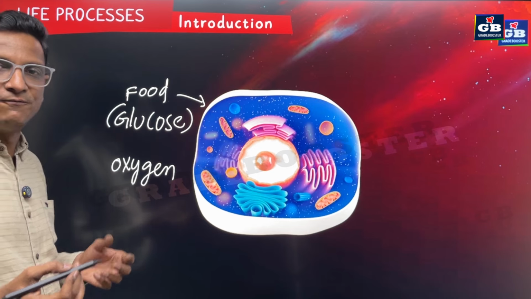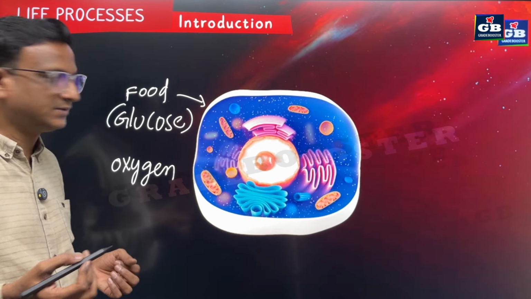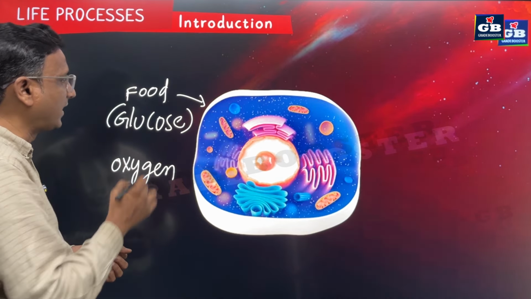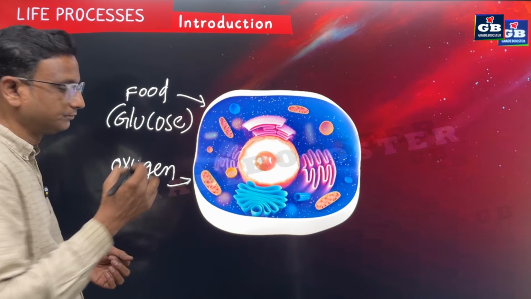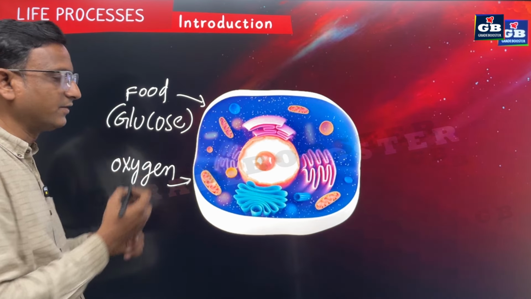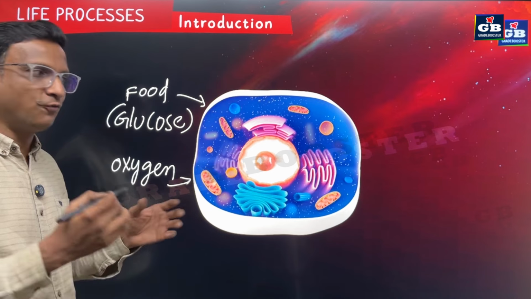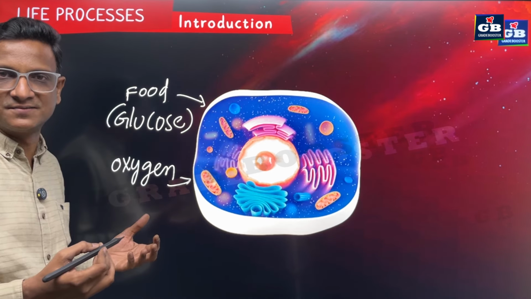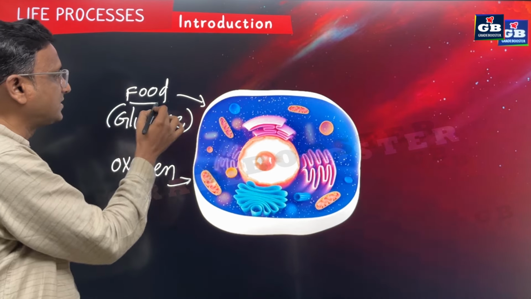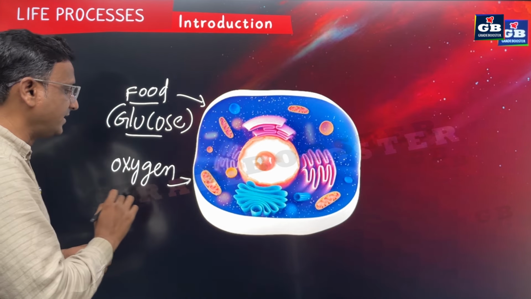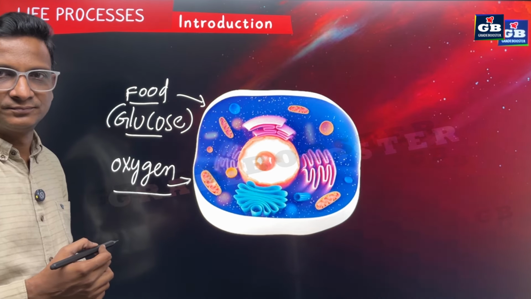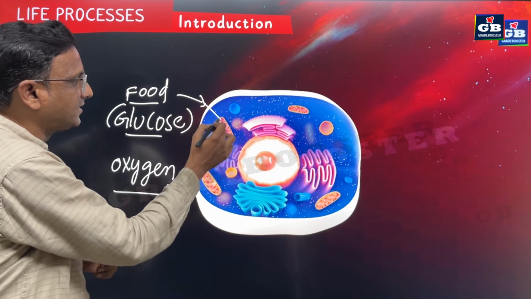For example, if we are talking about aerobic organisms, oxygen is required and food is required. So these are the basic requirements for a cell. Of course, cells need so many other materials, but basically it needs food, that is glucose, and it needs oxygen. So these things enter the cell.